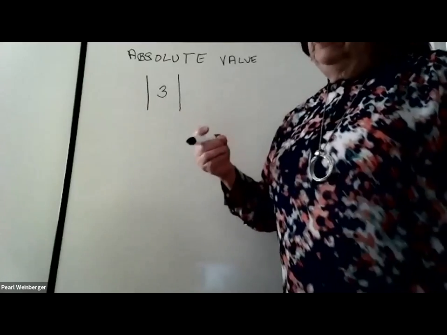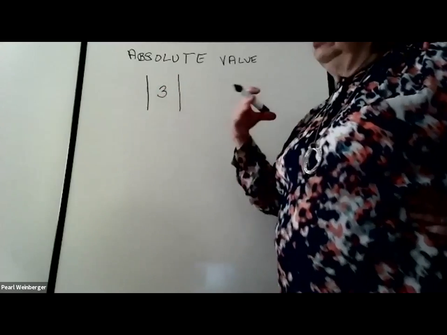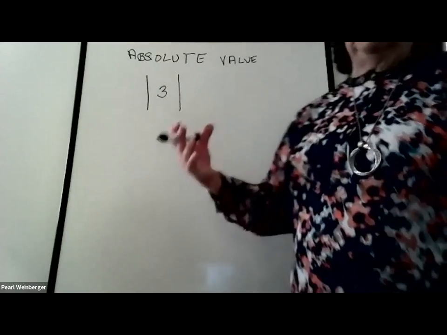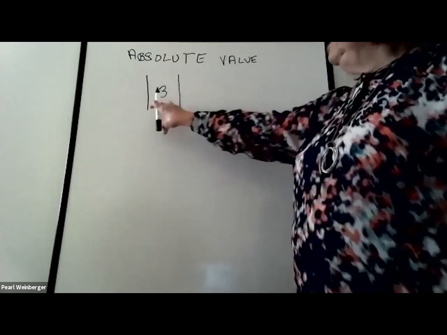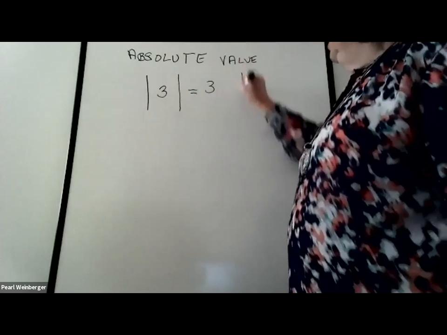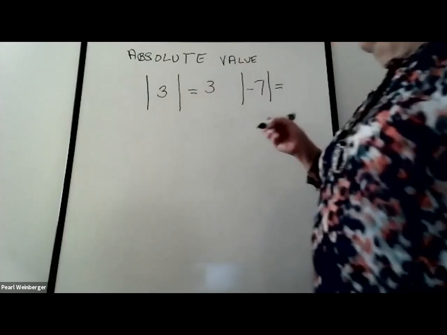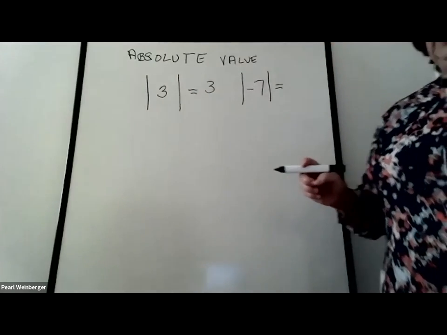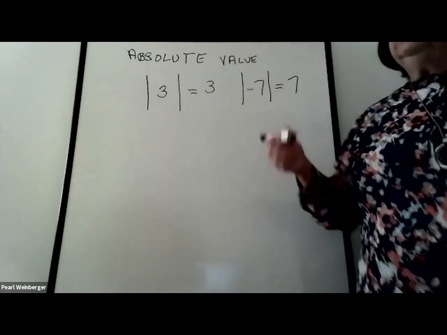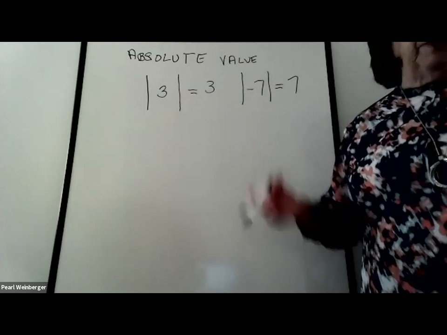What we mean by the absolute value of 3 is, what is the value without its sign? We just want the number, we don't want its sign. And obviously the absolute value of 3 is just equal to 3. Whereas the absolute value of -7, its value without looking at the sign, is 7. So basically, to find the absolute value of a number, all you're doing is dropping its sign.